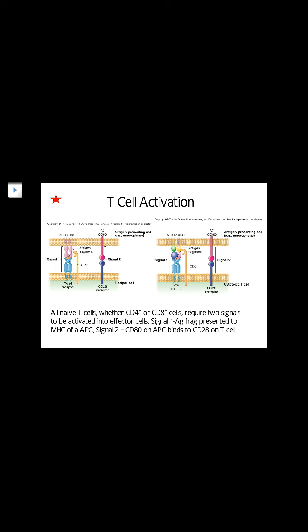Notice in both cases you need a secondary receptor, CD80 and CD28, to also bind. A complex process that is not fully understood occurs after binding, when activation of T cells by antigen requires two signals.